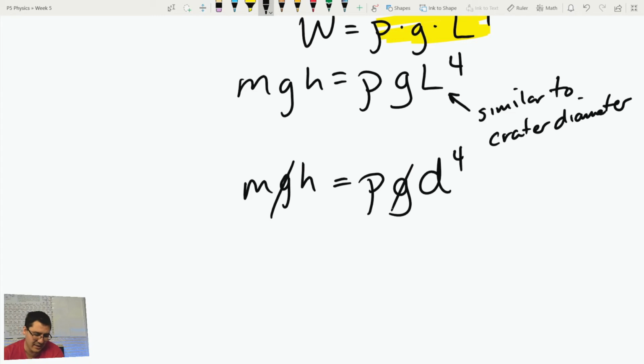And then I'm going to move some things around. I want to solve for diameter, so to solve for diameter, I'm going to take the fourth root. Let's see if you recognize it. I'm just going to rewrite it.